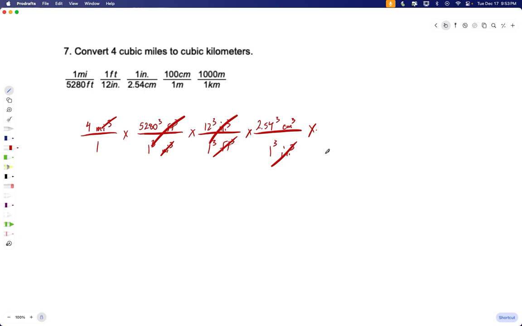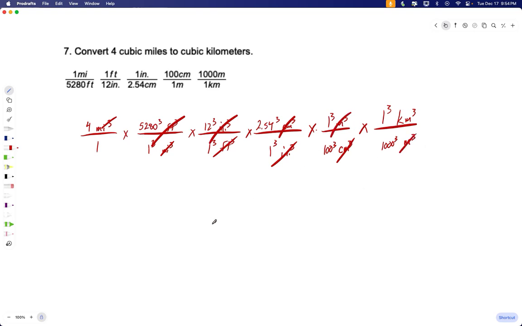Then we're going to go from centimeters to meters. So 1 cubic meter is equal to 100 cubed centimeters cubed. That cancels that. And now we're going to go to kilometers. 1 cubic kilometer is equal to 1,000 cubic meters. So that cancels that.